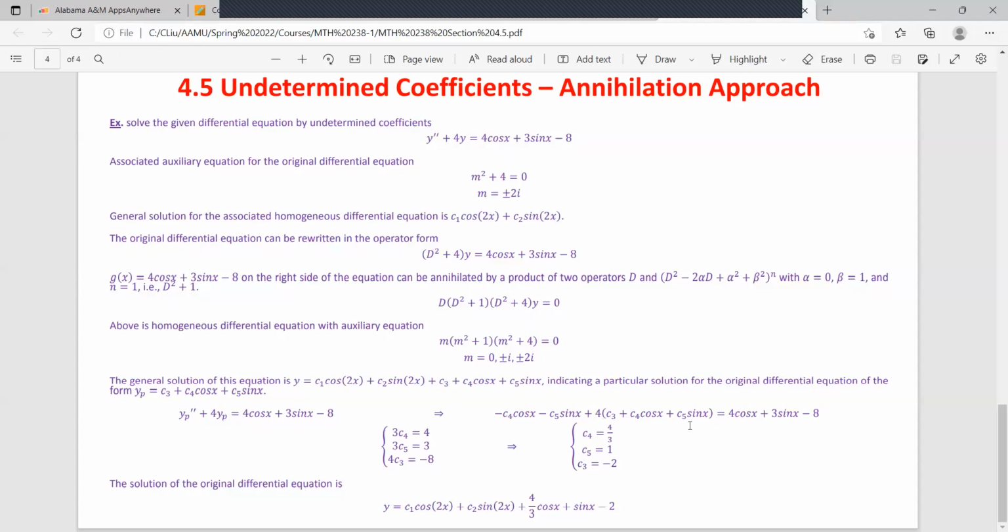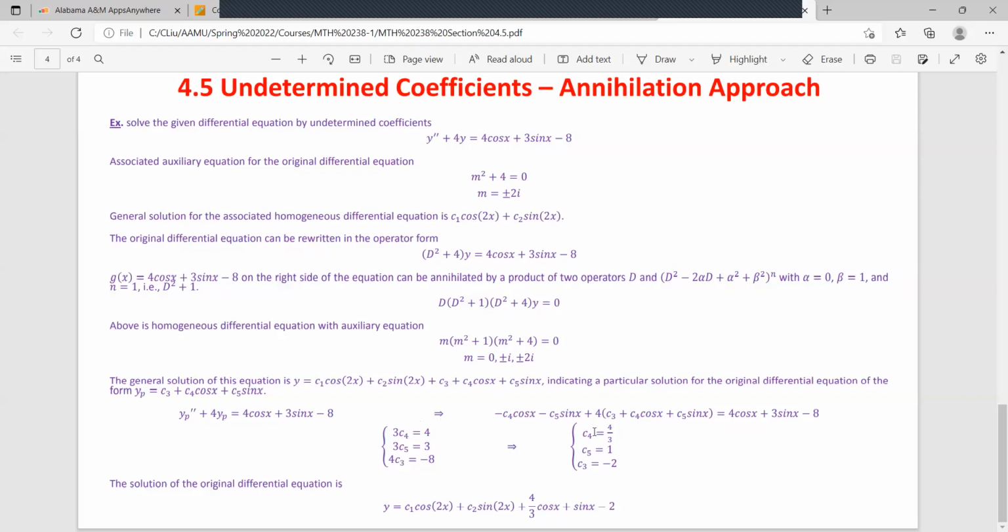That gives you 3 C5 sine x, and that has to match 3 sine x. So that means 3 C5 equals 3. And finally, 4 C3 has to match negative 8 on the right. Then you just solve the system and get all the undetermined coefficients.